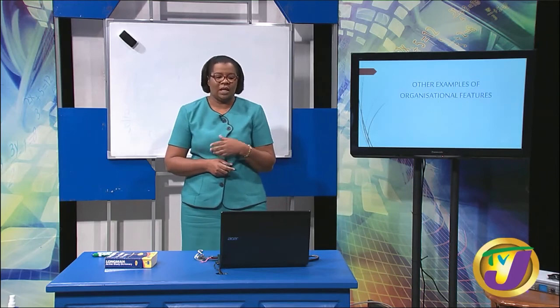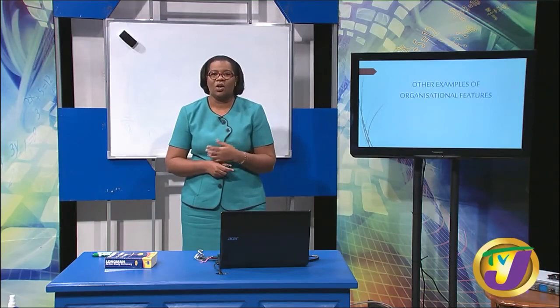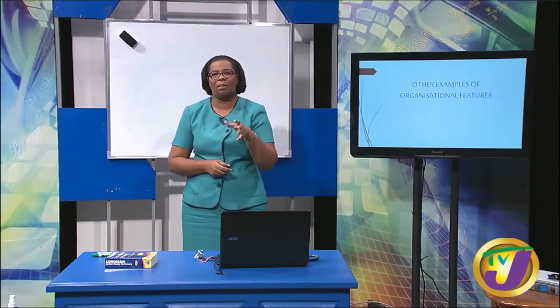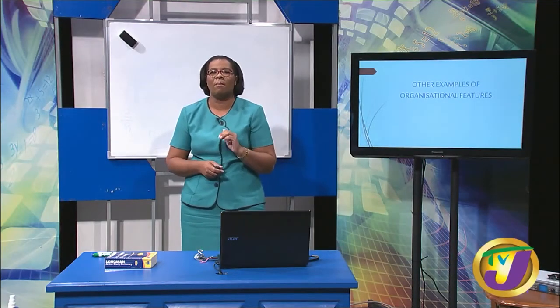Another great strategy that I use and I love to use is the KWL strategy. It talks about what I know, what I want to know, and what I have learned. What I know about the topic, I'm going to make a column and I'm going to put a K above that column and I'm going to list all the things that I know about my topic.